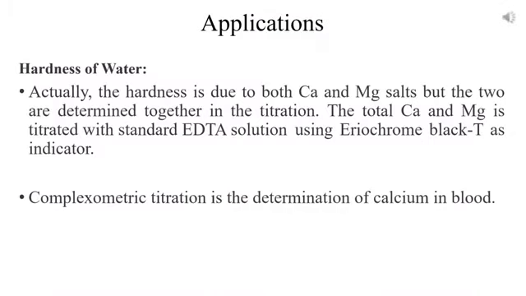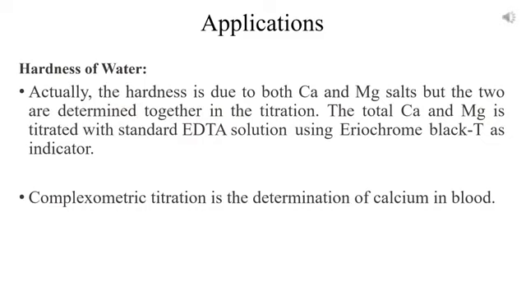Complexometric titrations in the clinical laboratory are limited to those substances that occur in fairly high concentrations, since volumetric methods are generally not too sensitive. So we can use these complexometric titrations in a clinical laboratory.